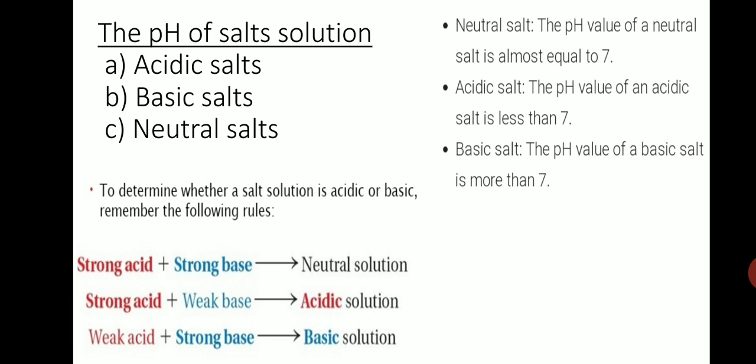How do we categorize acids and bases according to their strength? Those acids which completely ionize into H plus ions, we call strong acids, and those which completely ionize into OH minus ions, we call strong bases. What are weak acids and weak bases?